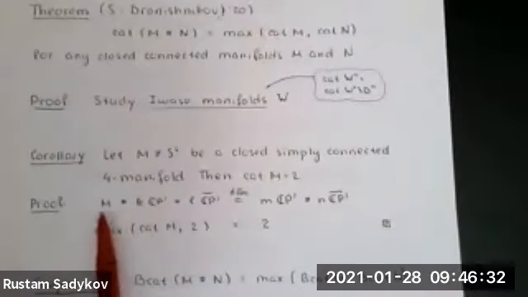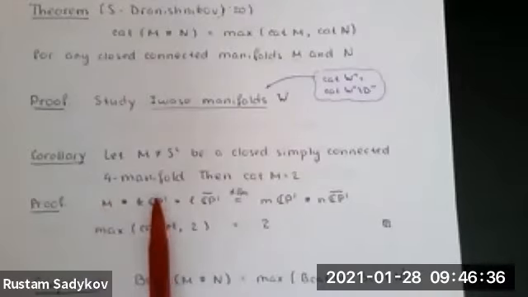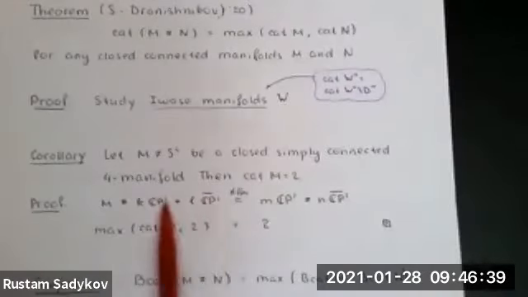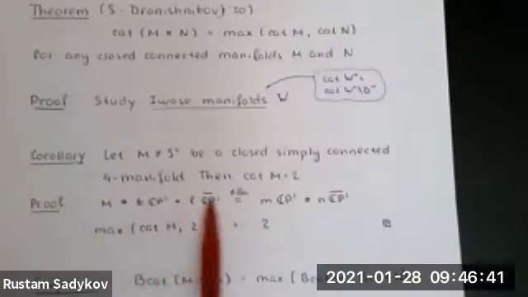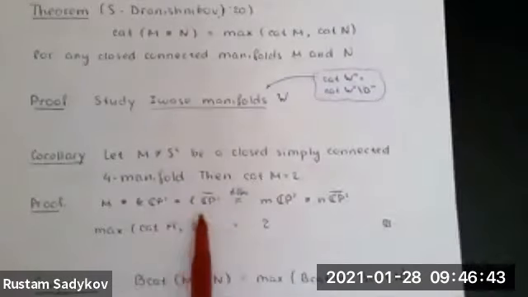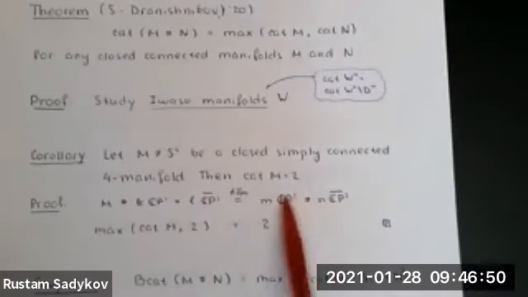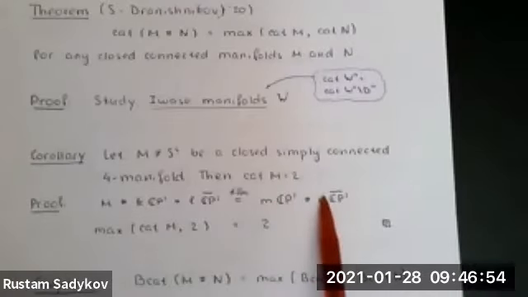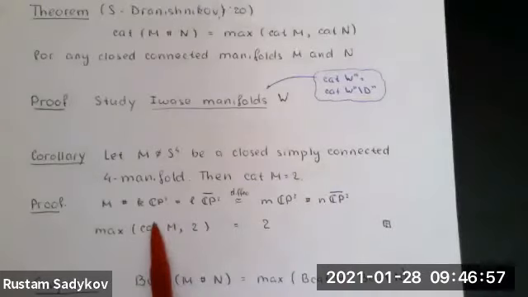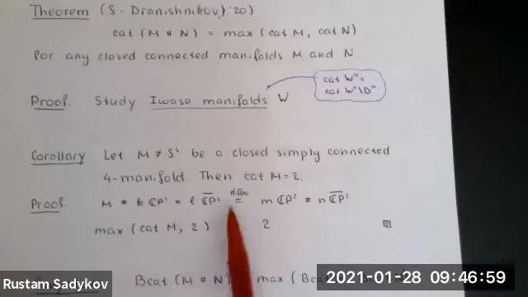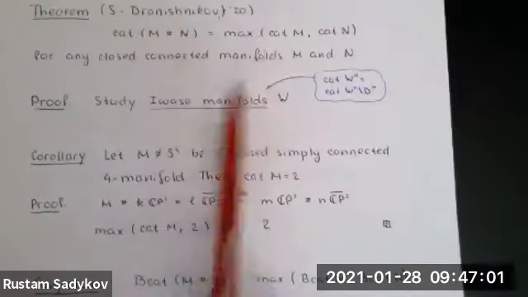So now, by the connected sum formula, the category of the left-hand side is the maximum of the category of M and the maximum of the categories of CP2s. But the category of CP2 is just 2. So the left-hand side is the maximum of the category of M and 2. As for the right-hand side, the category is 2, the connected sum has category 2, and so the category of M is 2. So basically, if one knows the connected sum formula, then one can prove this.